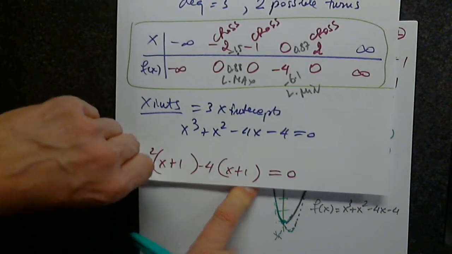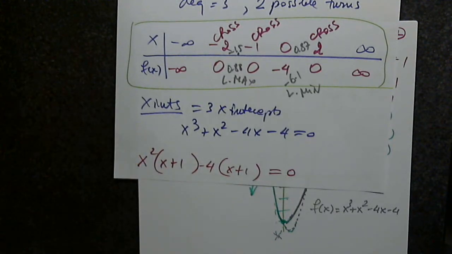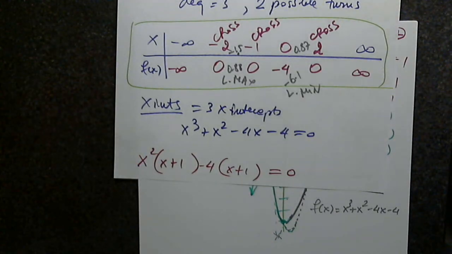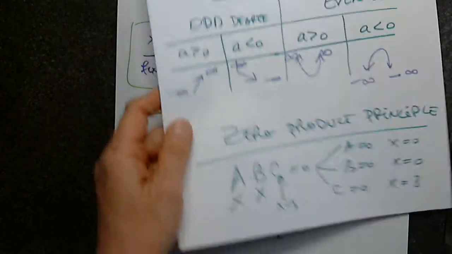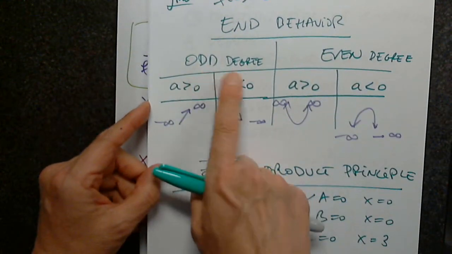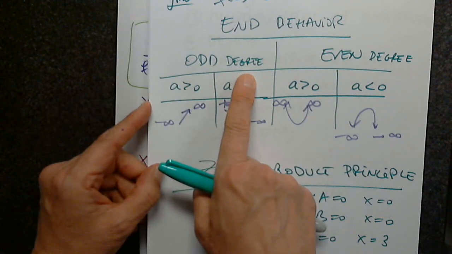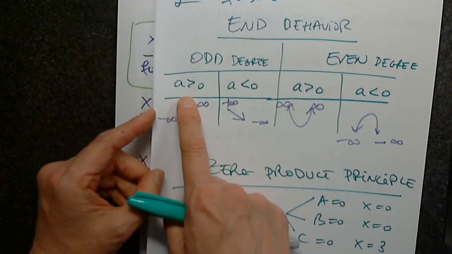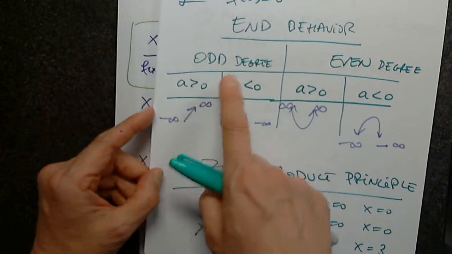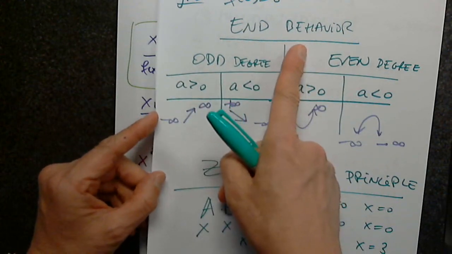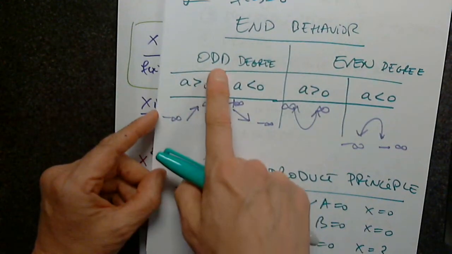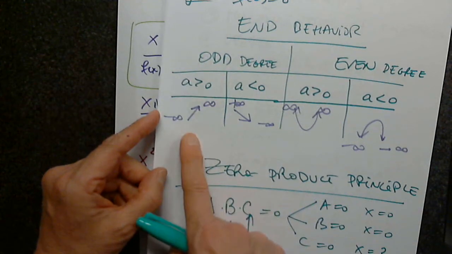But you don't have to write it. If you copied this, you have it in your notes already. If the degree is odd and the leading coefficient is positive, it looks like this.